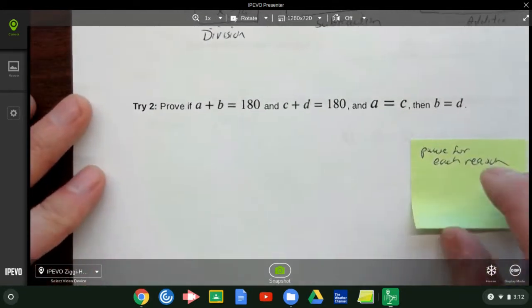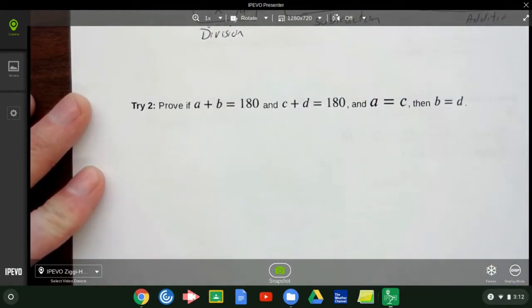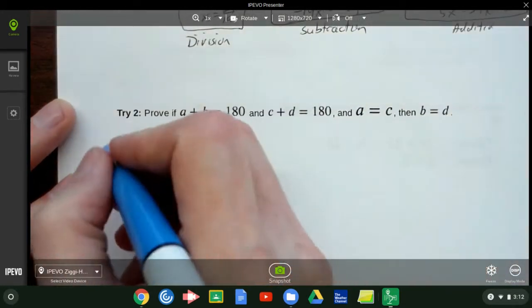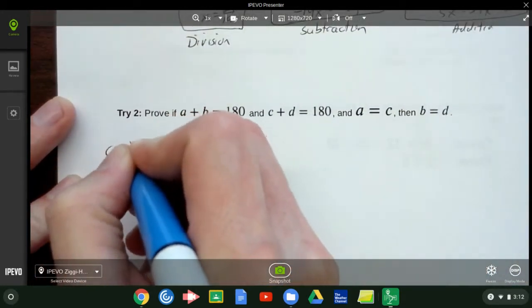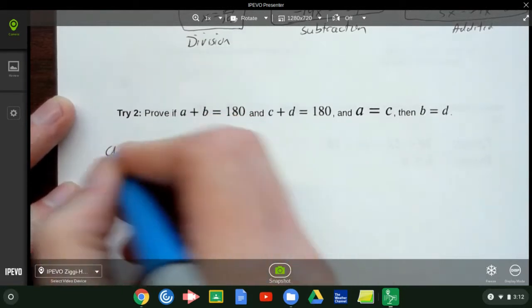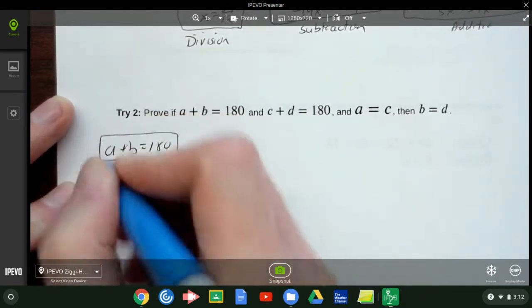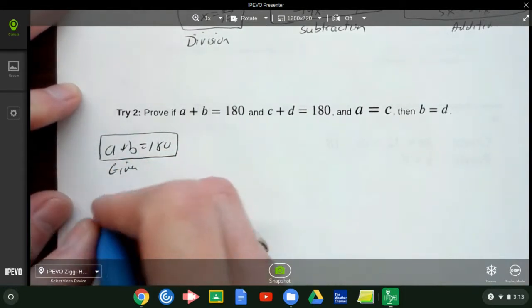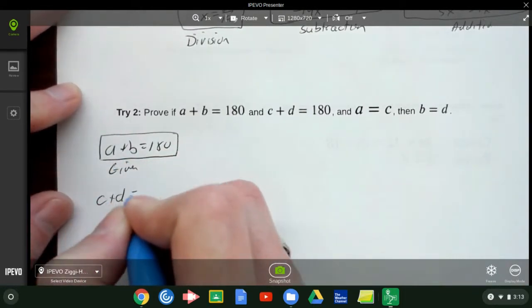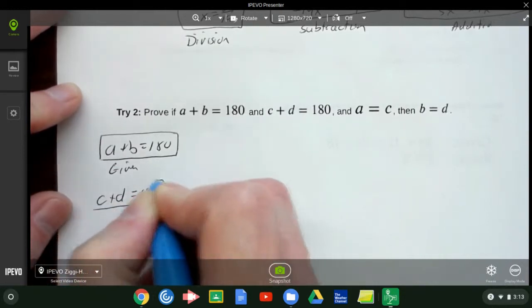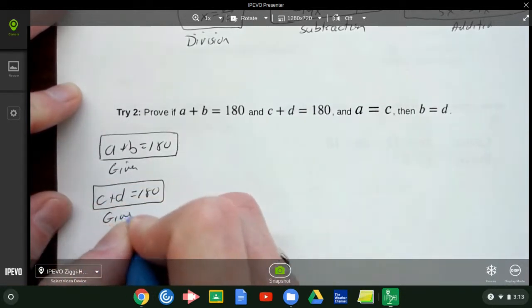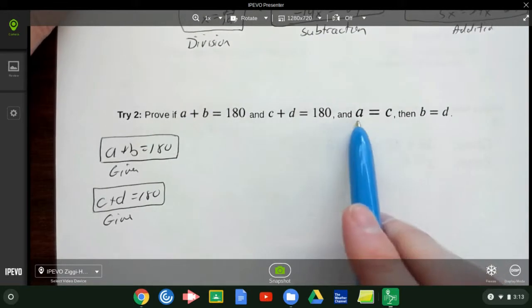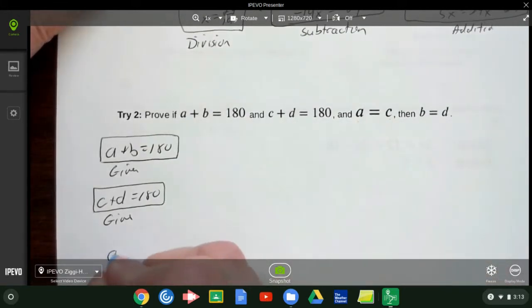We'll work this one. Now you're going to give a reason for each step along the way. Okay, so first of all, a + b = 180. We know that's given. We know c + d = 180. That's given. I also know a = c. So all of this is given to me.